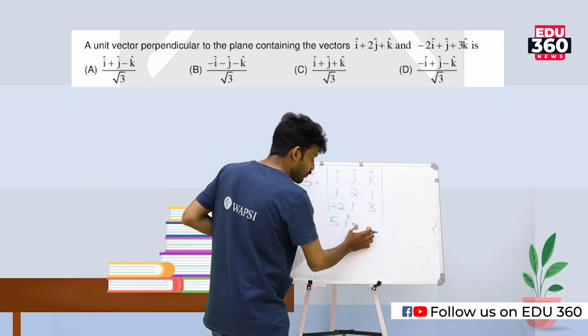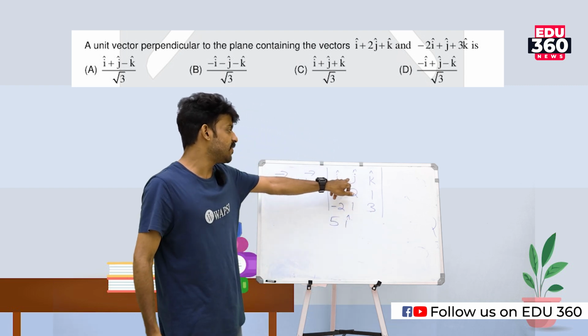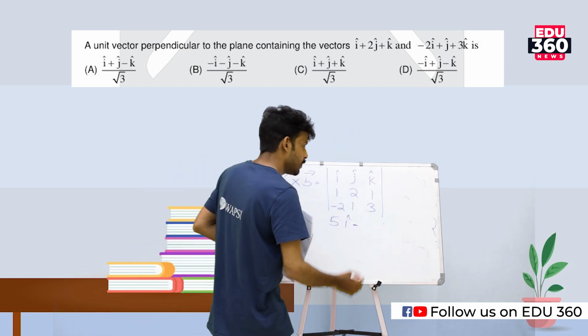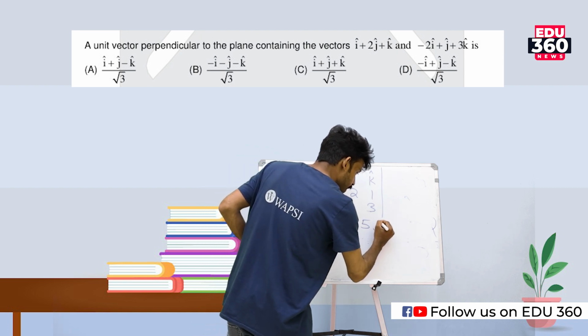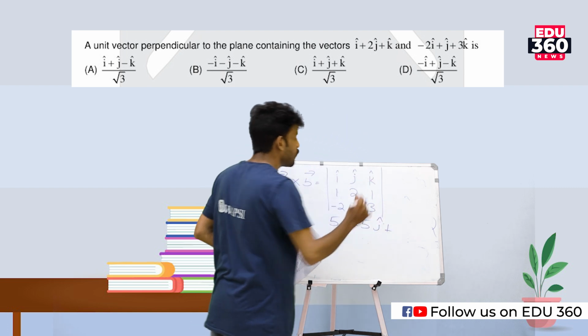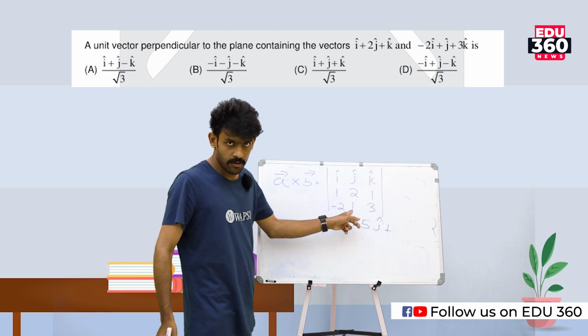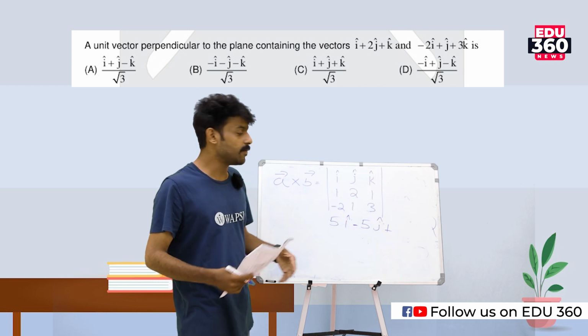Here it is minus, so while we are considering the second term j, we take minus there, so it is minus 5j cap. Plus the last one, just ignore the row and column: 1 into 1 minus minus 4, that means plus 5.